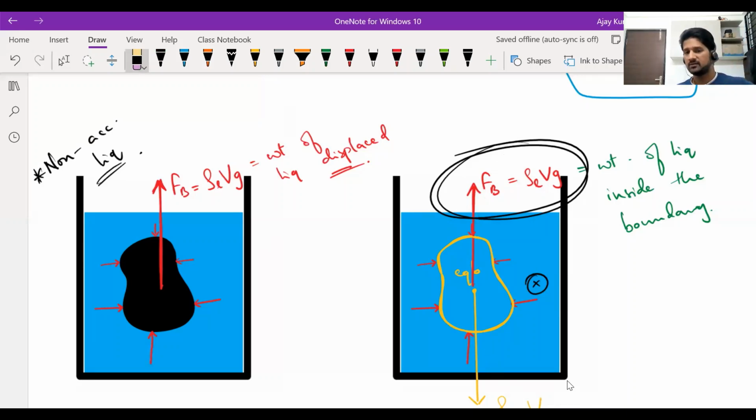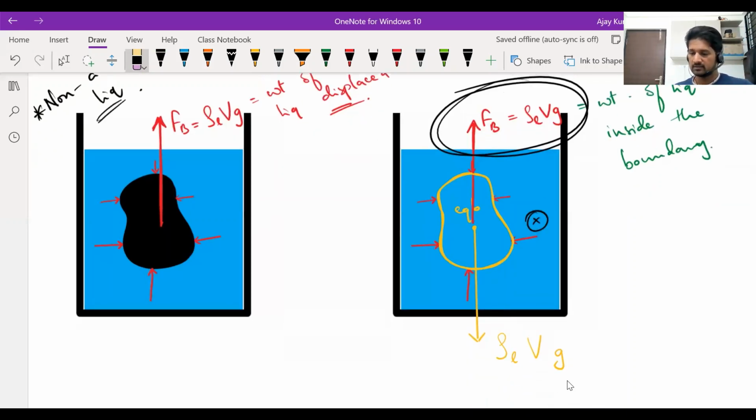Okay. What does that mean? That means buoyant force should also act through the center of gravity of what? Of the liquid that has been displaced. Because had there been liquid, liquid would have been in equilibrium. Means buoyant force acts along the same line along which the weight of the liquid acts.